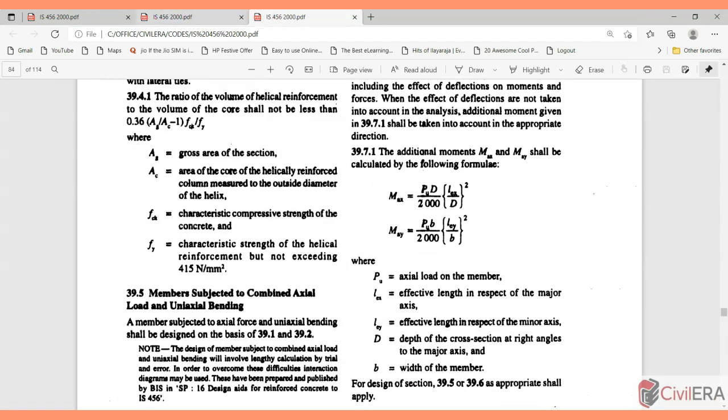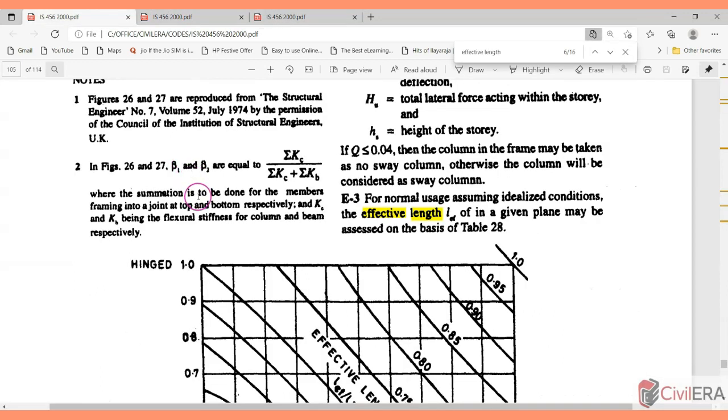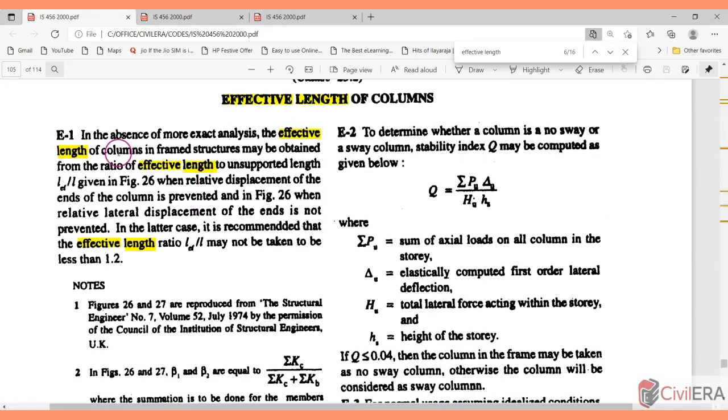Coming back to the provision, in Annex E, in the absence of more exact analysis, exact analysis here means if you aren't doing P-delta analysis, then you are required to do moment magnification or slenderness moment as per IS 456. The effective length should be based on various aspects as per figure 26.